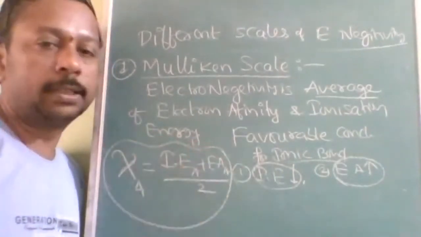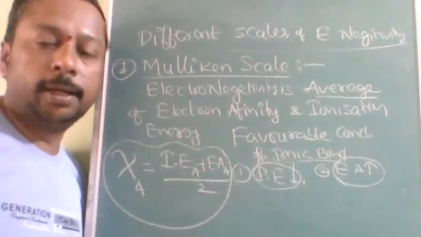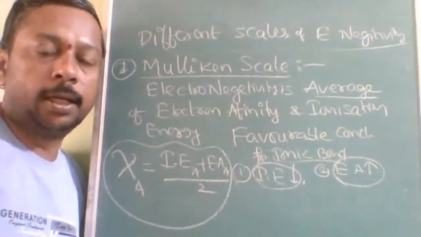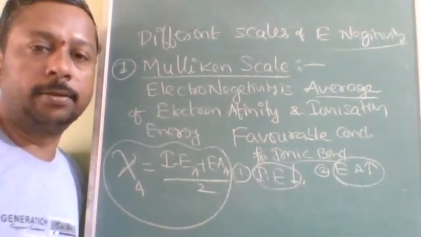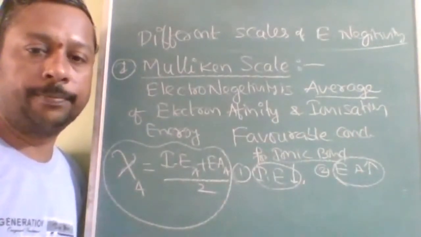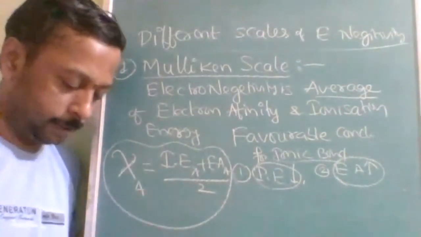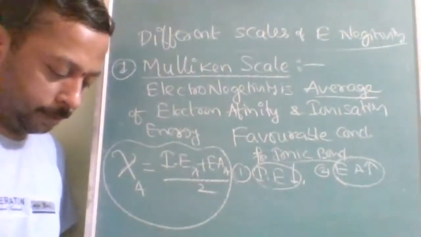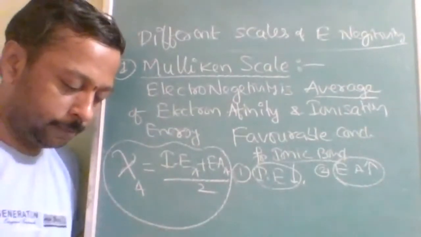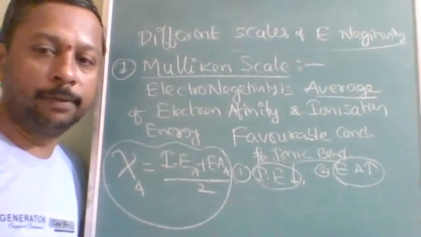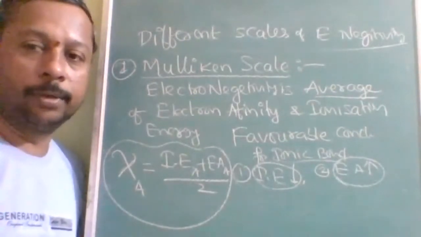So fewer values are required and it is an easier, better way to find electronegativity. Note this down. This is the Mulliken scale. As per me, the better scale compared to the Pauling scale is the Mulliken scale, because less information gives more accuracy.